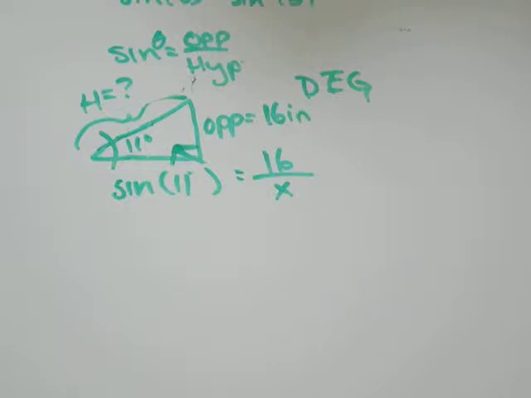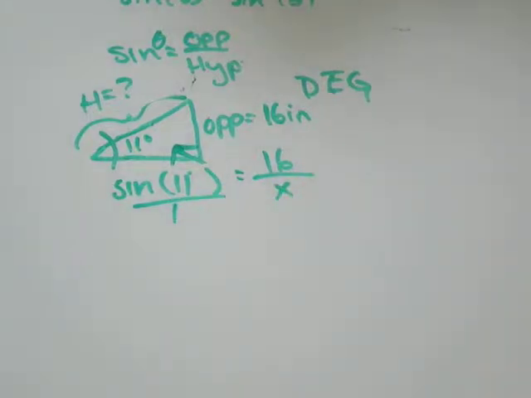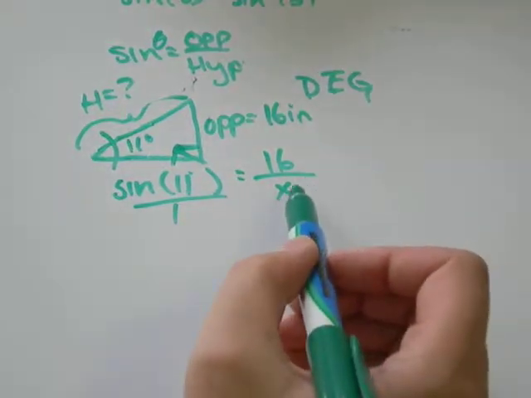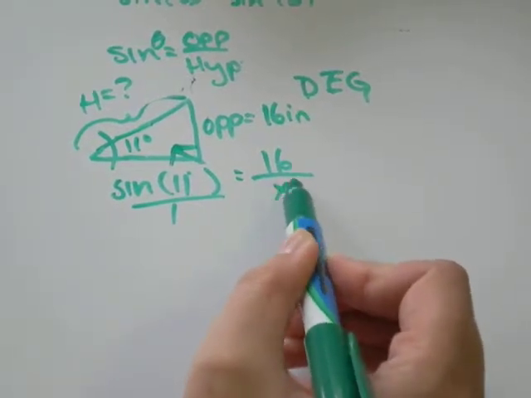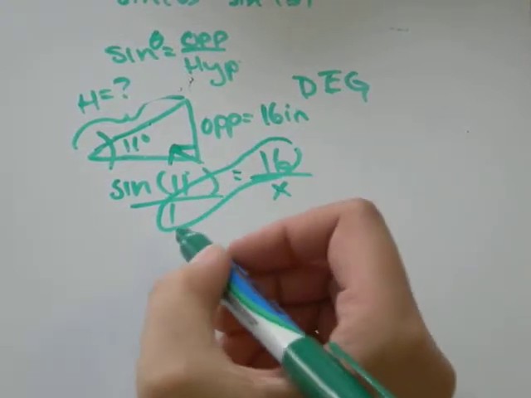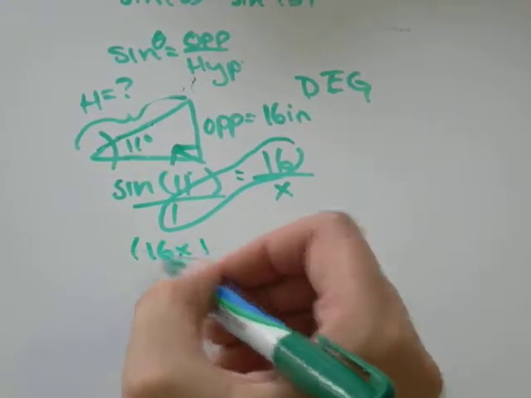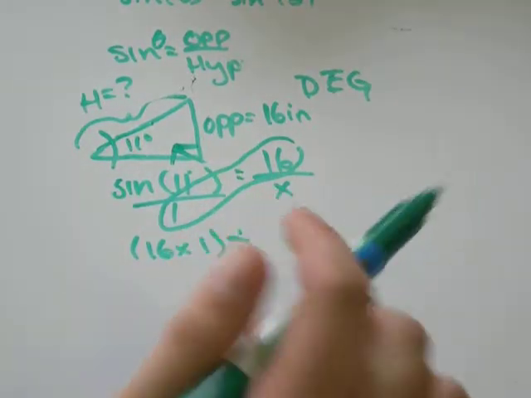You can think of this as cross multiplication. Sine of 11 degrees is exactly the same as sine 11 degrees divided by 1. All you need to do is think about where your unknown is, so it's right there. Multiply the two numbers on the diagonal, 16 times 1, and then divide by what's left over and not your variable.